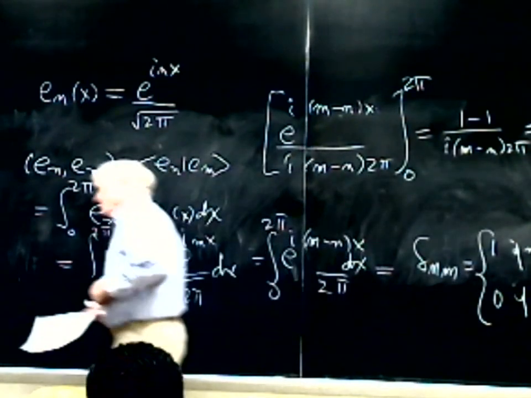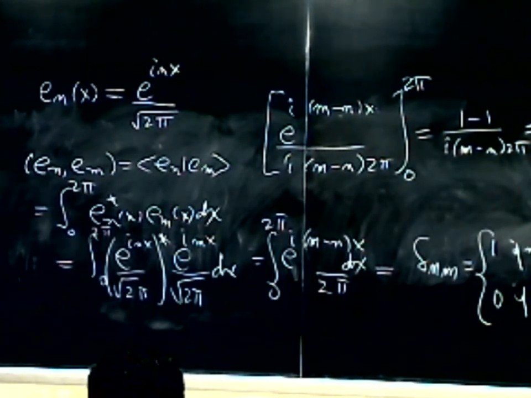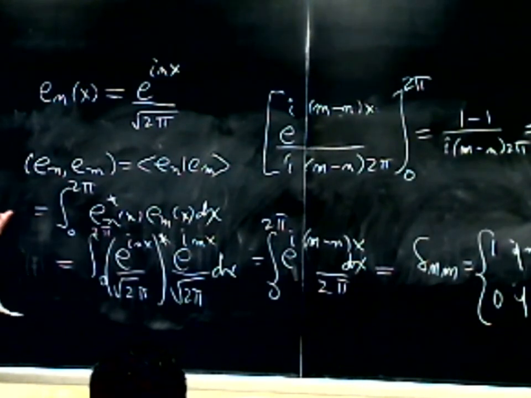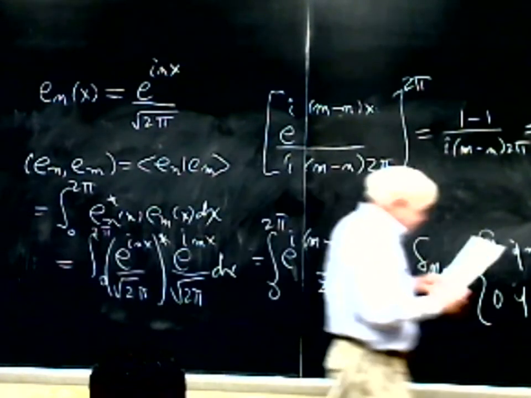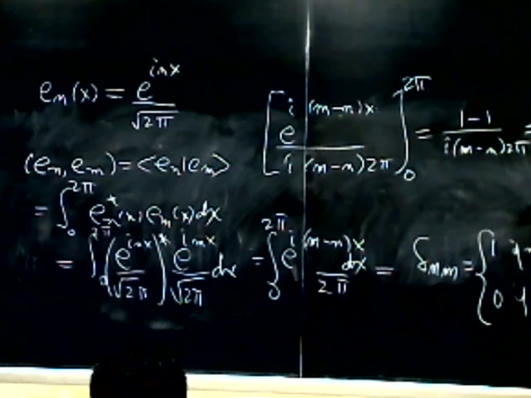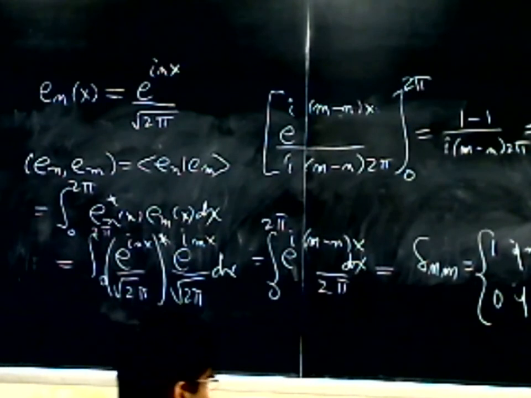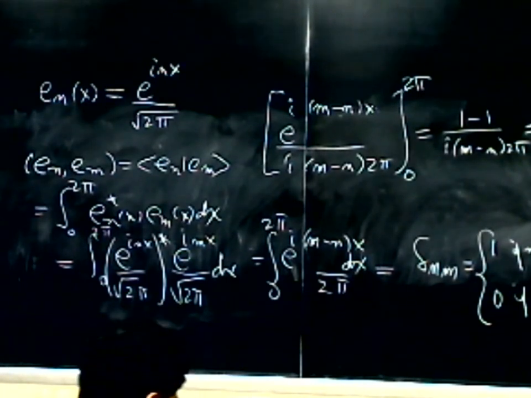All right, so now we have this very nice set of orthonormal functions, which we can think of as orthonormal vectors. And so we want to see how big a space they span. Well, they span whatever they span, because, in other words, we can write a function f of x as the sum from n equals minus infinity to plus infinity of c sub n times e sub n of x, or equivalently the sum from n equals minus infinity to infinity of c sub n e to the i n x over square root of 2 pi.